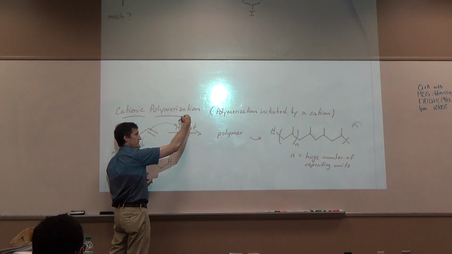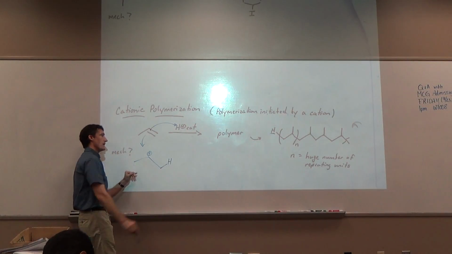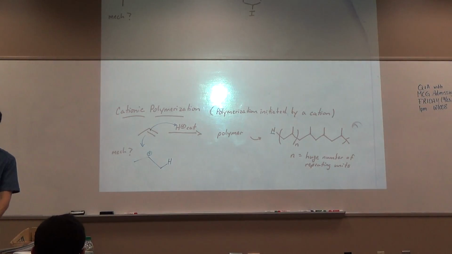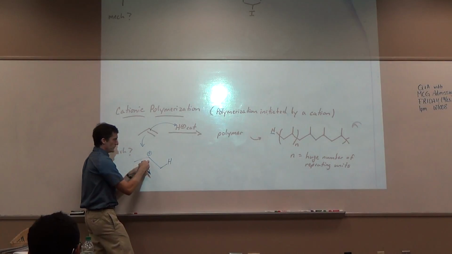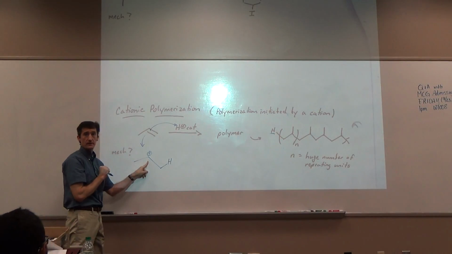Now, choice of catalyst is important. We'll talk about it, but there's no anion here. Well, there's an anion, but there's no anion that's going to react. What can react here? Very similar idea to above.